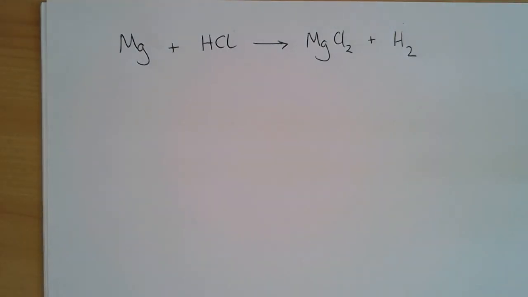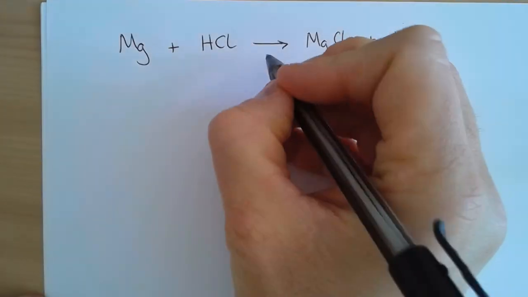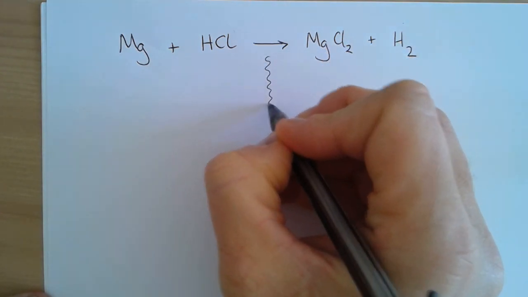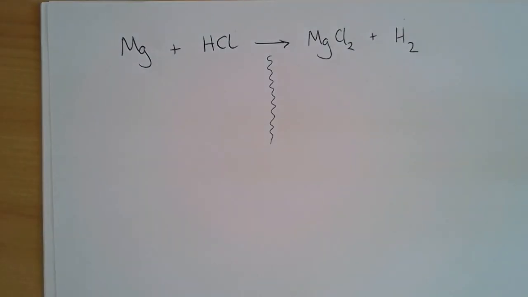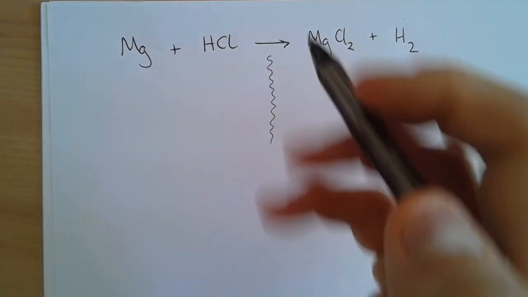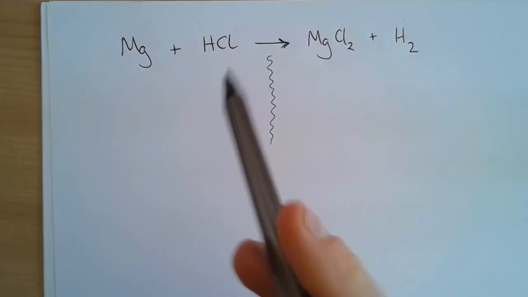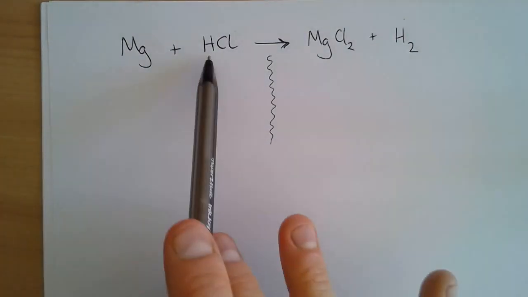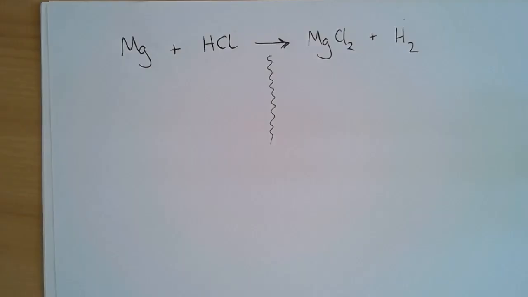And that's because of the conservation of mass in chemical reactions. So whenever we're thinking about balancing equations, it's always worth just drawing a little squiggly line under the arrow to show that everything we do here has got to match everything that we do here.